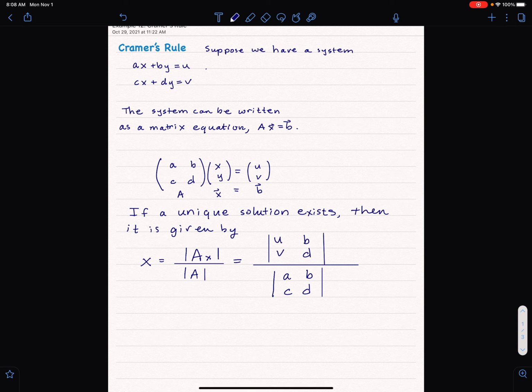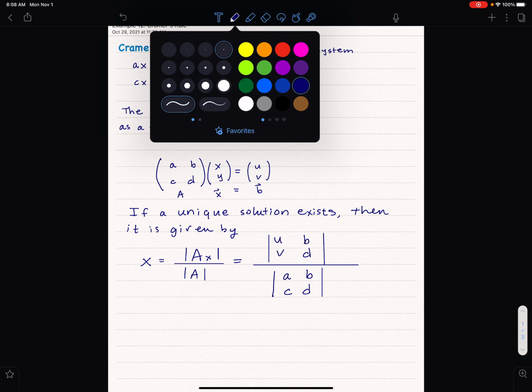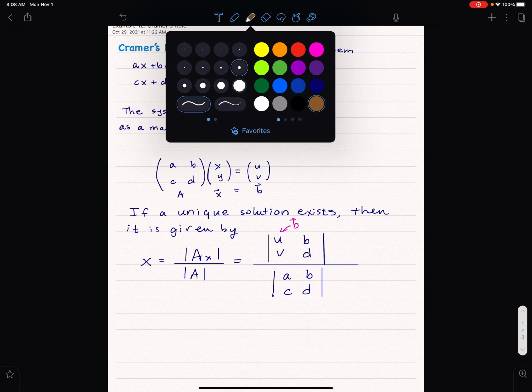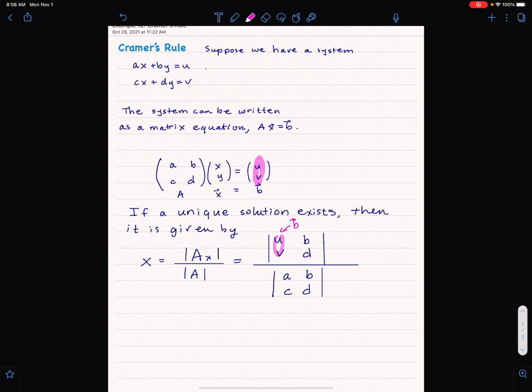So you take that vector on the right, and then you replace that in the first column, which is the column that corresponds to our first unknown.